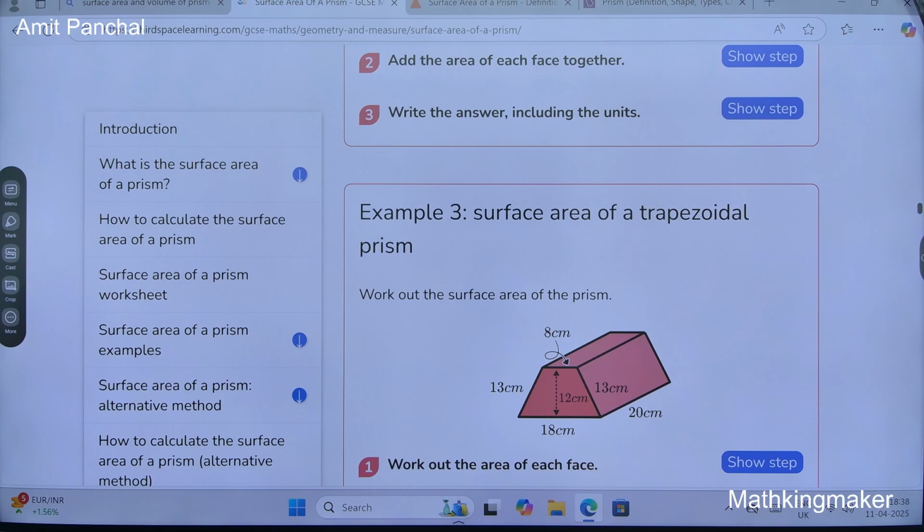Front one is a trapezium, isn't it? Yes, sir. Area of trapezium is like (A plus B) times height by 2, right? Yeah.